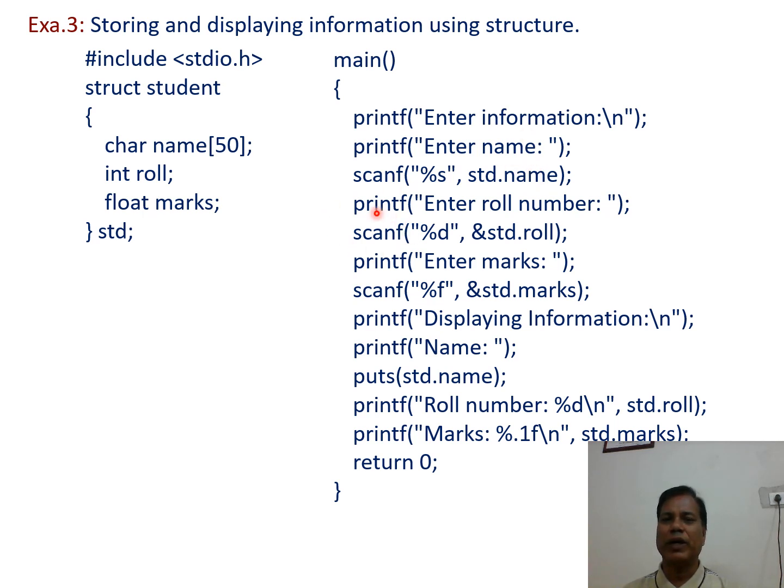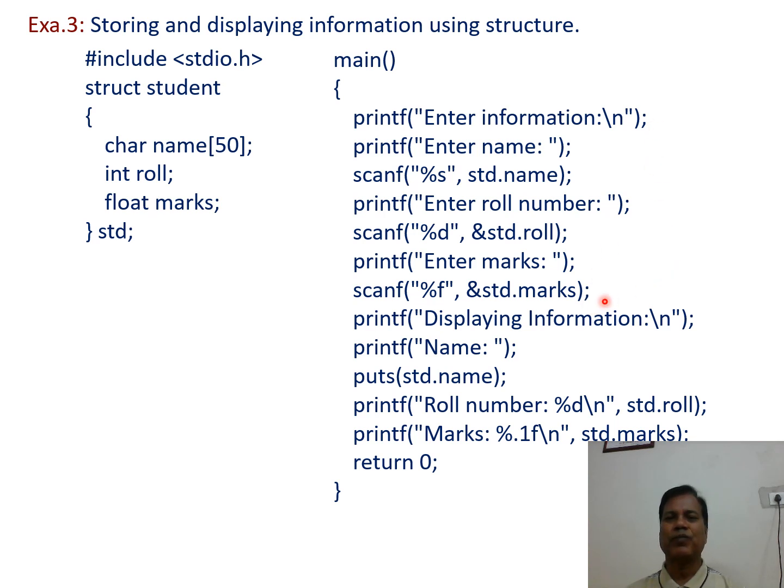In a similar way, the next printf statement prints "Enter roll number" on the output screen, and when the user enters the roll number, that is stored with std.roll, and also "Enter marks". So marks is stored with std.marks.